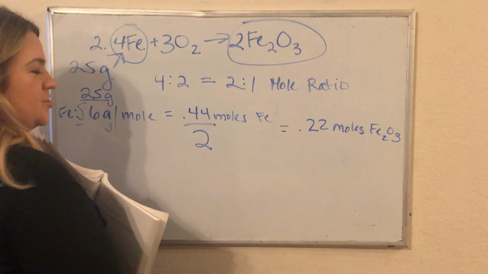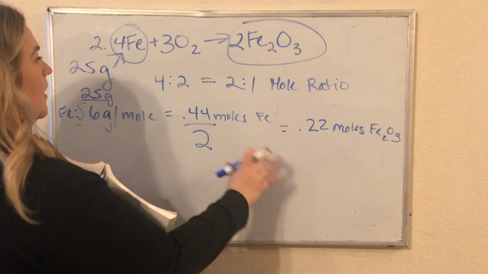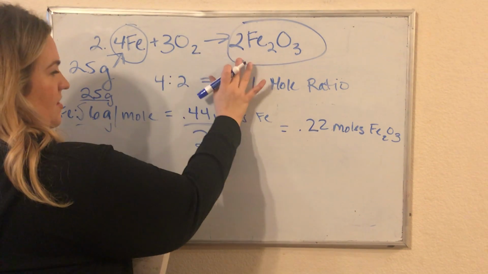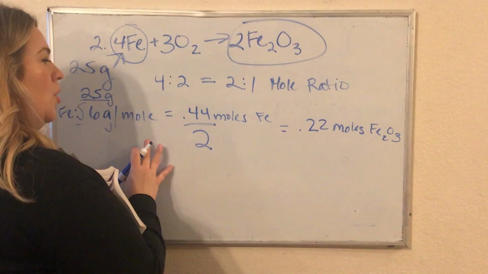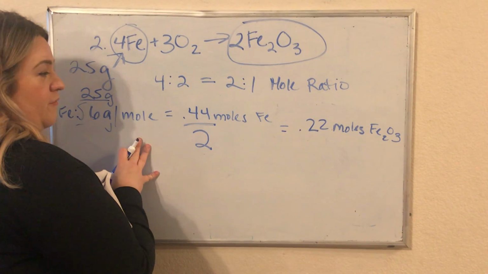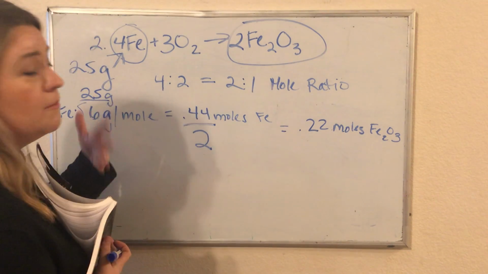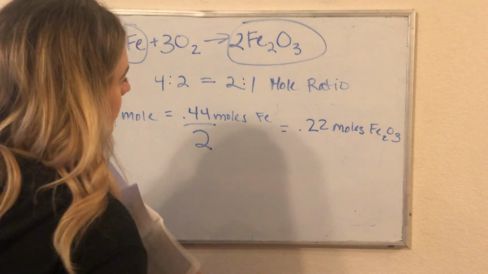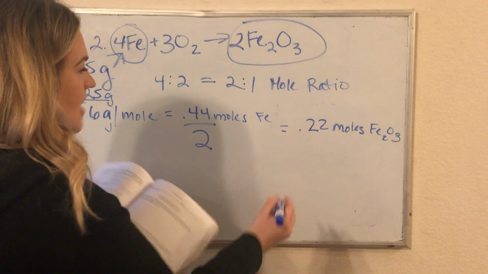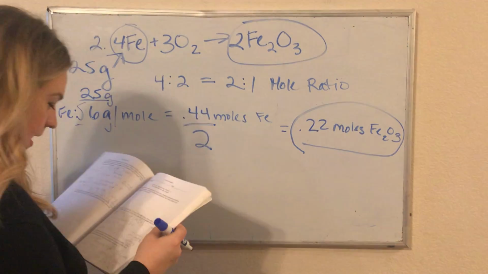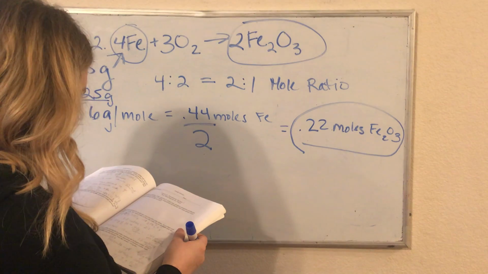Okay? Do you get what I did there? If you have a 2 to 1 mole ratio of this to this, and we started with 0.44 moles, we have half the amount of iron oxide produced in mole amount, okay? So this is how many moles of iron oxide we're ending up with, okay?